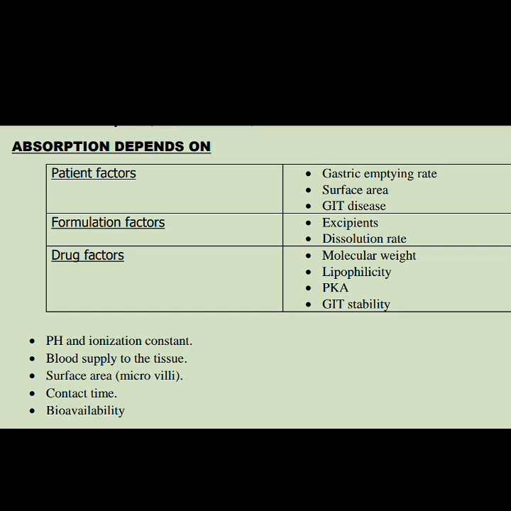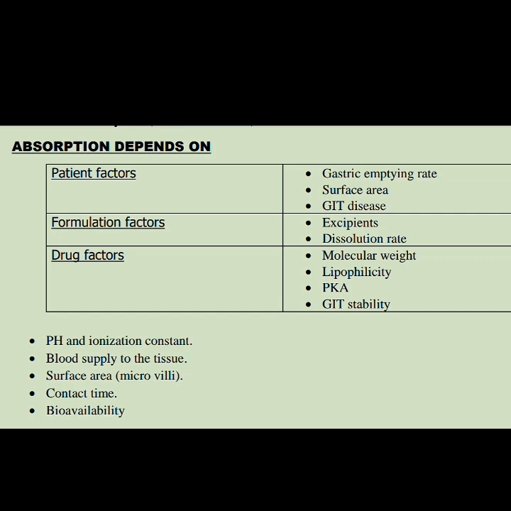There is less surface area, and so you expect less absorption. GIT disease, same idea, right? If they have some disease like inflammatory bowel disease or Crohn's disease, or any form of disease that hinders the normal physiology of the gastrointestinal system, you expect less absorption.